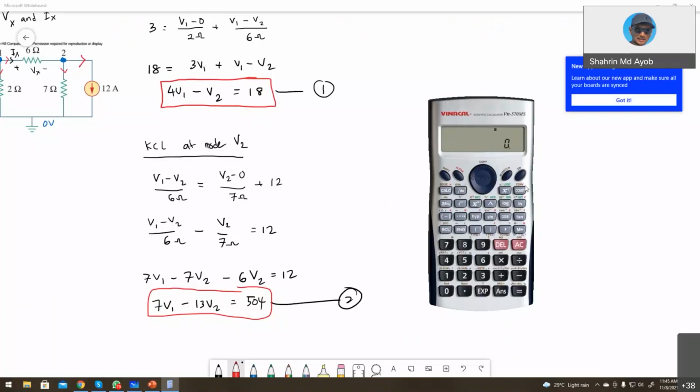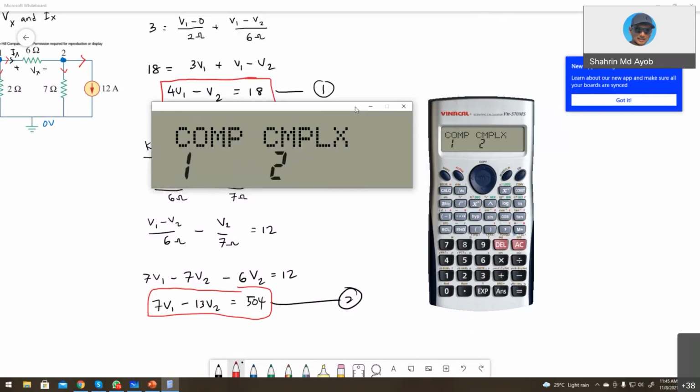Just to show you where and how to use simultaneous equations. So just go to MODE. Okay, go to MODE. Click MODE until you get to this menu: equation, math, and VCT. Just choose equation, which is number 1. Okay, and then it asks how many unknowns or variables.